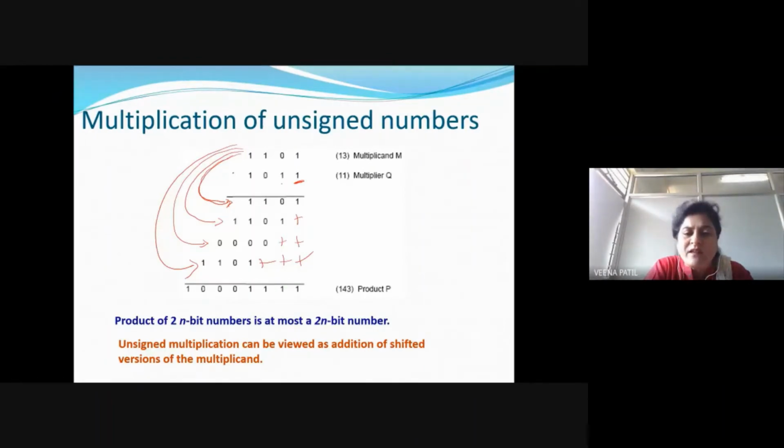For the next bit in the multiplier, I simply shifted it and added the multiplicand to the previous partial product, right? So I can just go on performing addition of these two, and next addition of these two, next addition of these, so that I will get the final product.